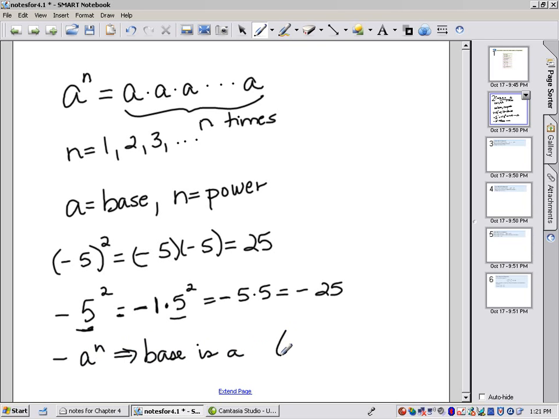If you have negative a to the n, that base is negative a. Okay? Now, let's talk about some of the rules that we're going to learn with exponents.